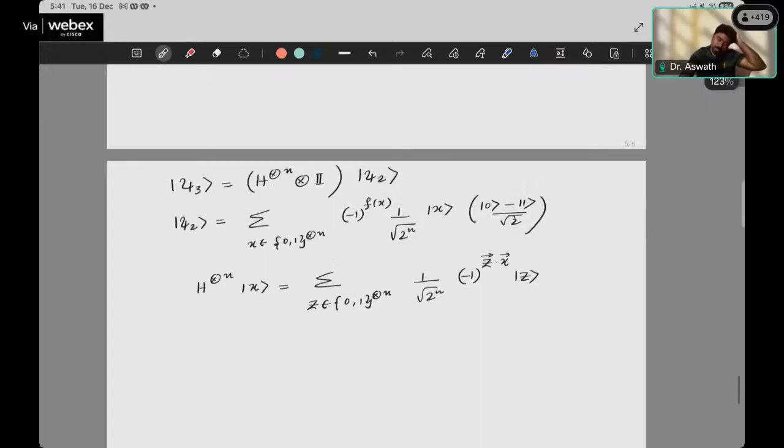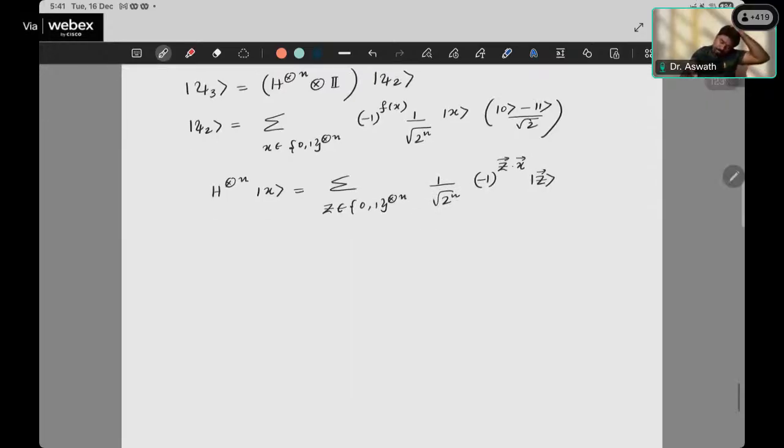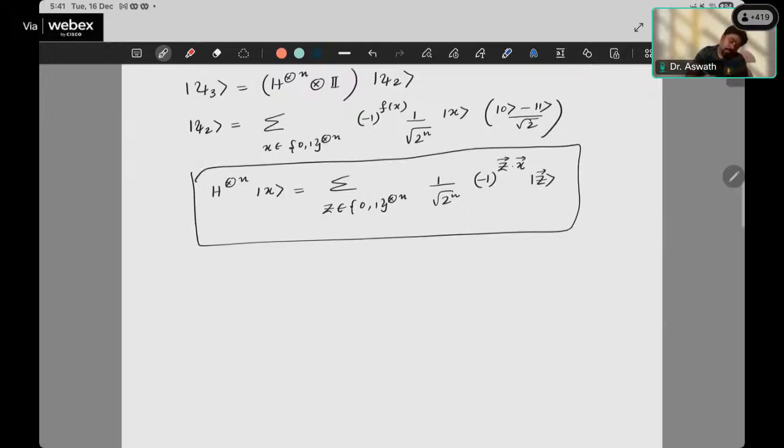Now I will use this result in finding my psi 3.